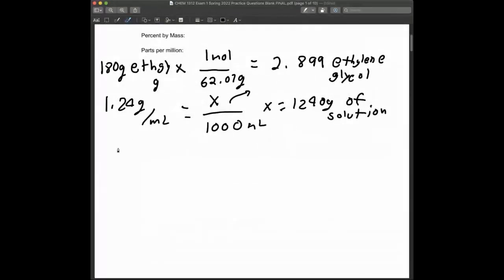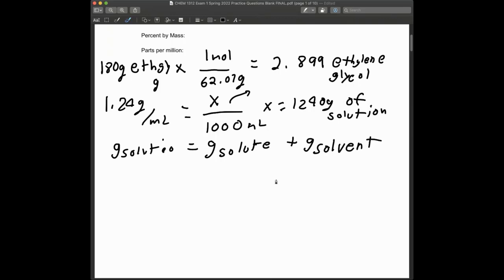We know that the solution is made up of the solute and the solvent. So we can say that grams of solution is equal to grams of solute plus grams of solvent, because those are the two parts of the solution.